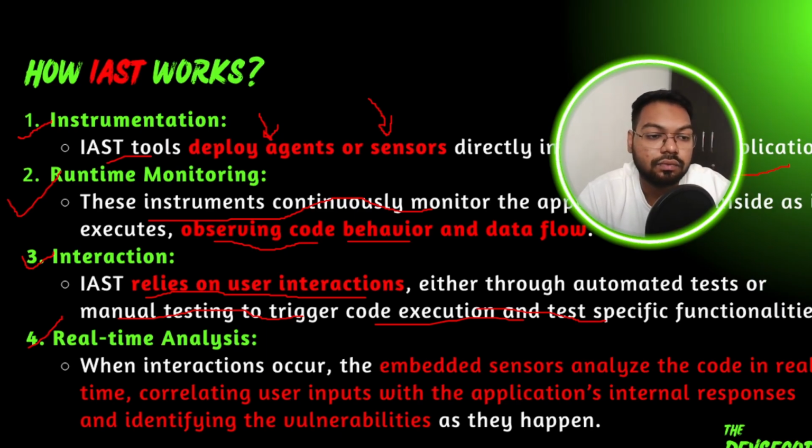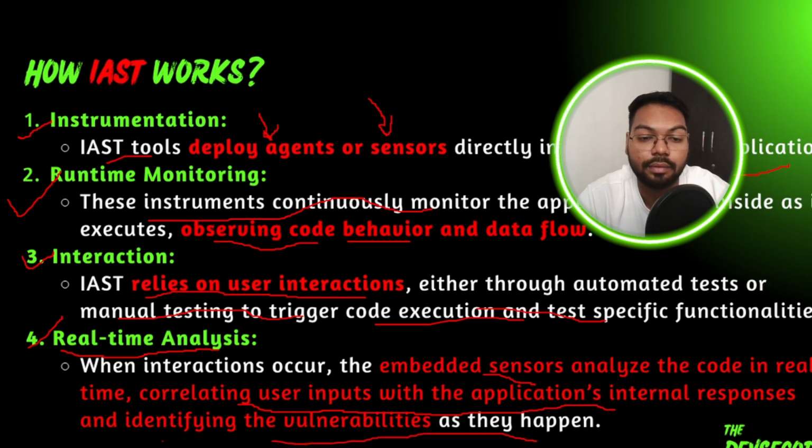Once you trigger this analysis, when the interaction occurs, the embedded sensors analyze the code in real time, correlating user inputs with the application's internal response, and identify the vulnerabilities as they happen. So this is what generally happens.